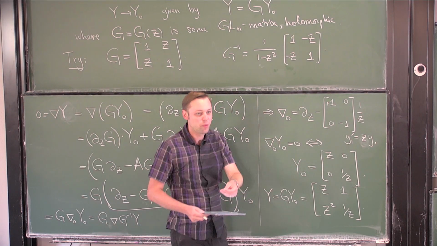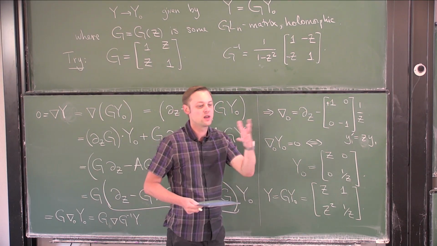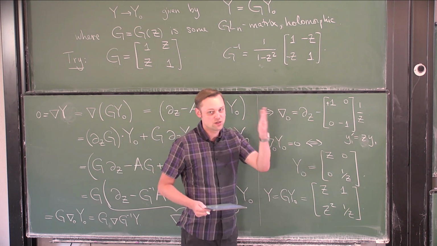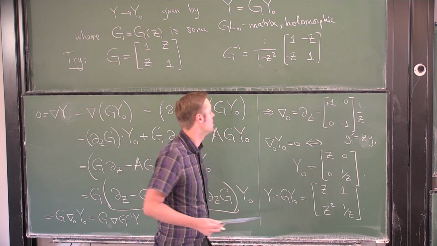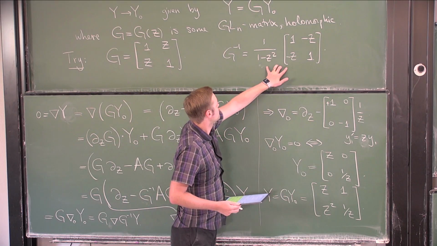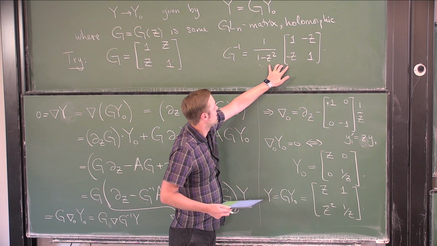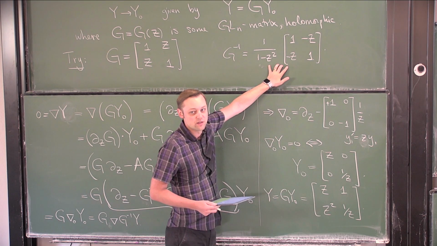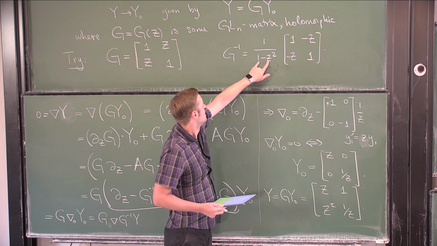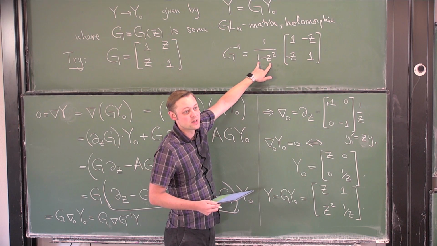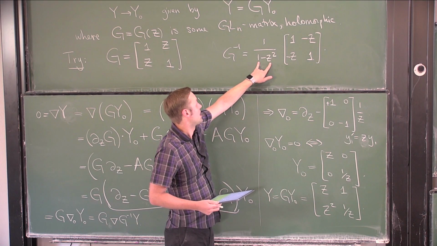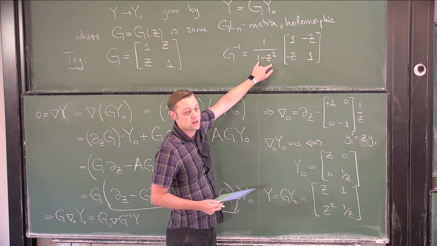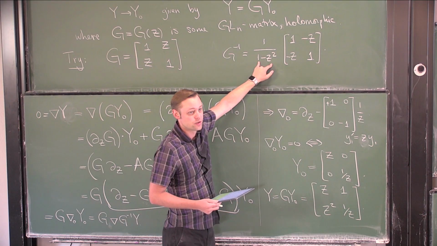So if there's some value of z where the transformation is not invertible, the basis won't be sent to a basis. So anyway, it's fundamental that G remains invertible. But this matrix very evidently fails to be invertible because it has this factor in front of it. So at z equal to 1 or minus 1, the inverse of G simply blows up, so G is just not invertible.